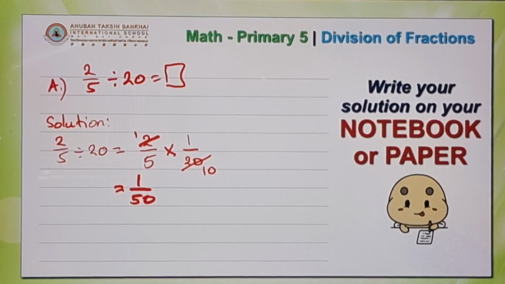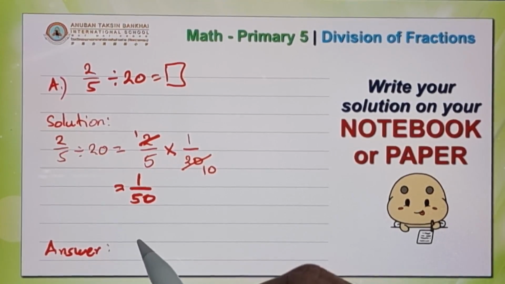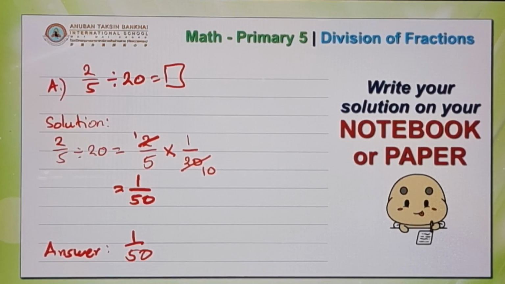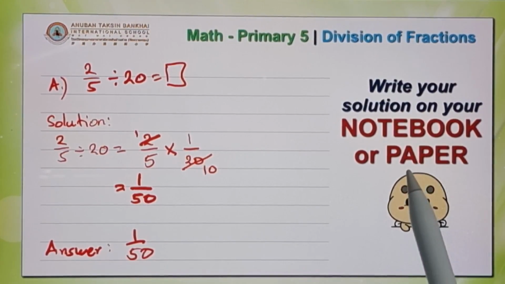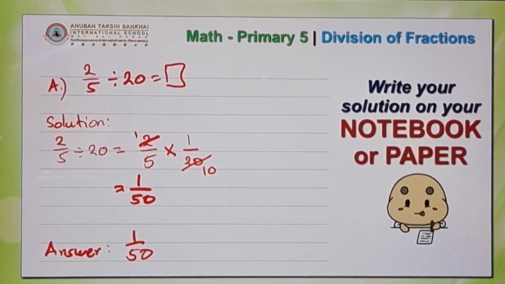So therefore, our final answer is 1 over 50. Again, do not forget to write your solution in your notebook, or you can just have it on a piece of paper.